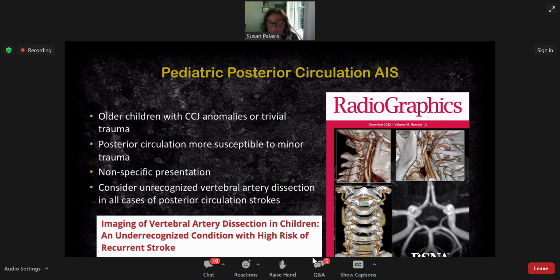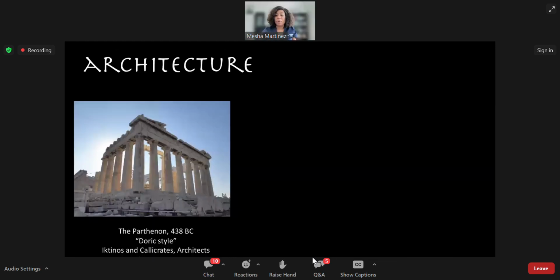These posterior circulation strokes can have a nonspecific presentation, and we may not recognize them right away. And this is really beautiful work that one of my colleagues, Steve Little, does. He does these beautiful reconstructions, and they published this great paper in conjunction with Vanderbilt Children's. I recommend you guys take a look at it. It's really great work. It is a great paper.